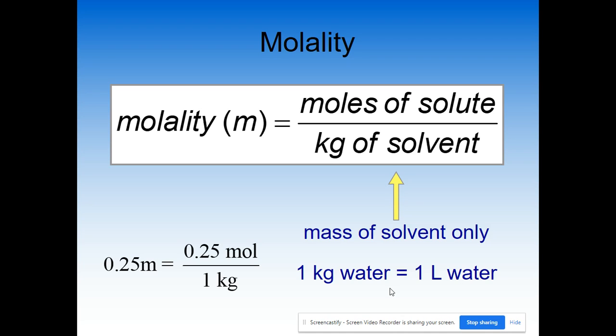We need to get that into kilograms before we can solve. As an example, 0.25 m, lowercase m, will be 0.25 moles in 1 kilogram of solvent. Okay, I want to work through a couple of problems.